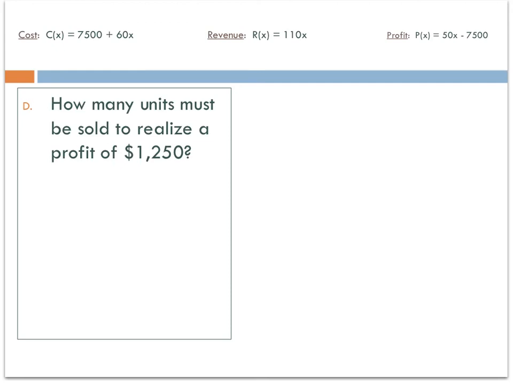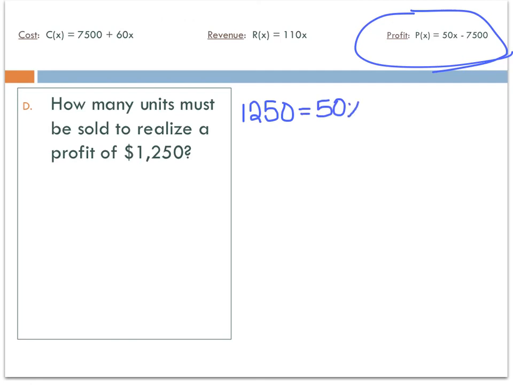Once again, this is a very handy function. So if we just set it equal to $1,250 and solve for x, then we can determine how many widgets we need to sell in order to have a profit of $1,250.